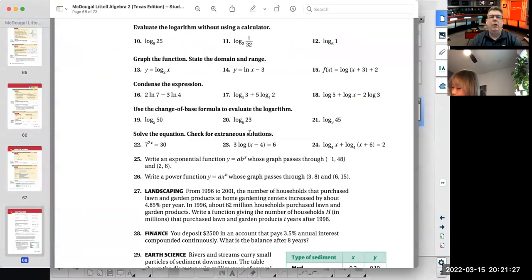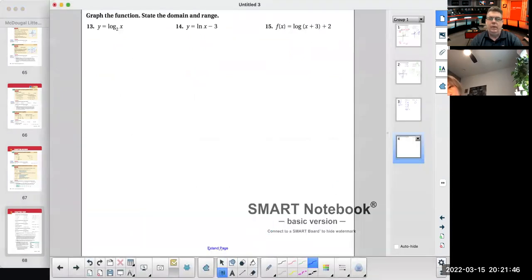All right, so logarithms are the inverse of the exponential functions that we just graphed. And this one you really need to do by transformations, okay? Because we can't do the logs in our head.